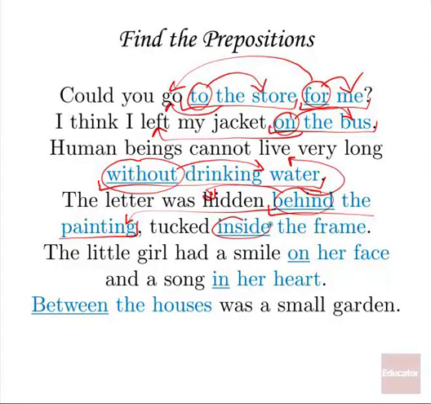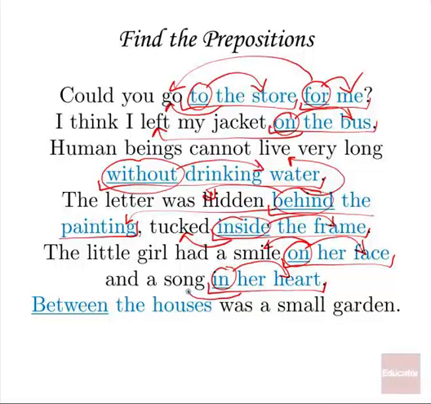Tucked inside the frame, modifying tucked. The little girl had a smile on her face, acting as an adjective, modifying smile, and a song in her heart. Once again, acting as an adjective, modifying song.